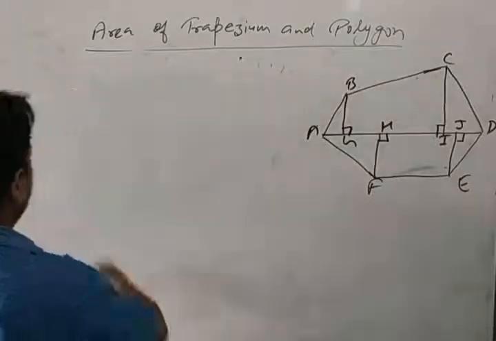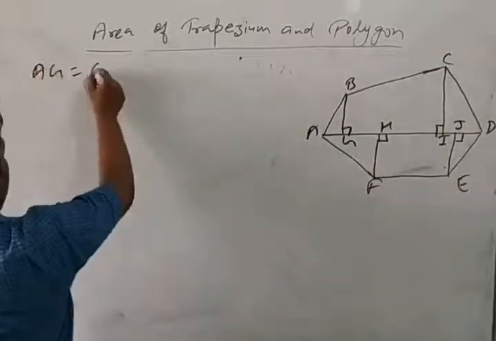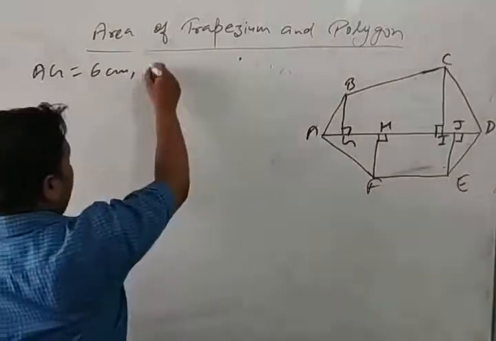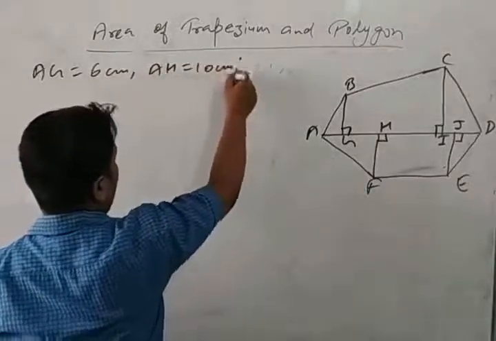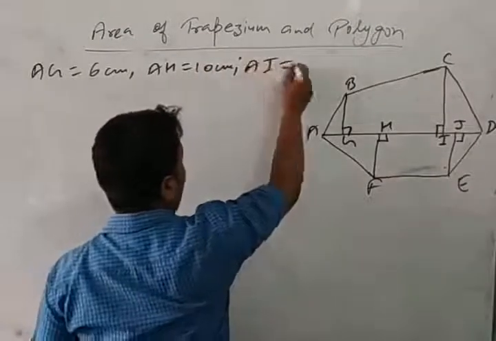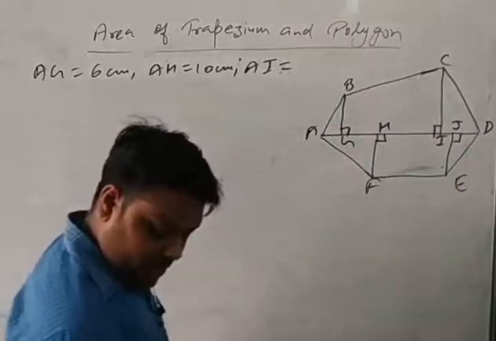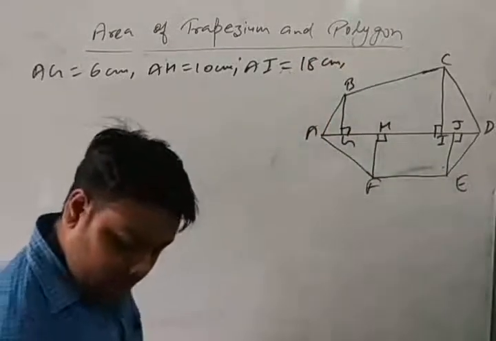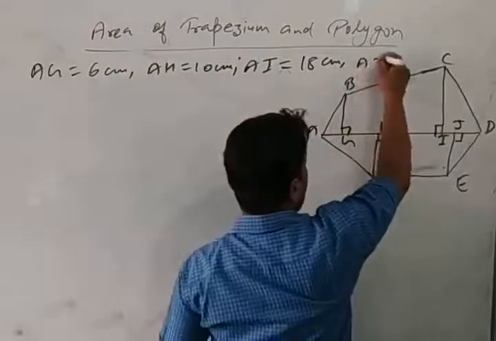The values given are AG equal to 6 centimeter, AH equal to 10 centimeter, AI equal to 18 centimeter, then AJ equal to 21 centimeter.